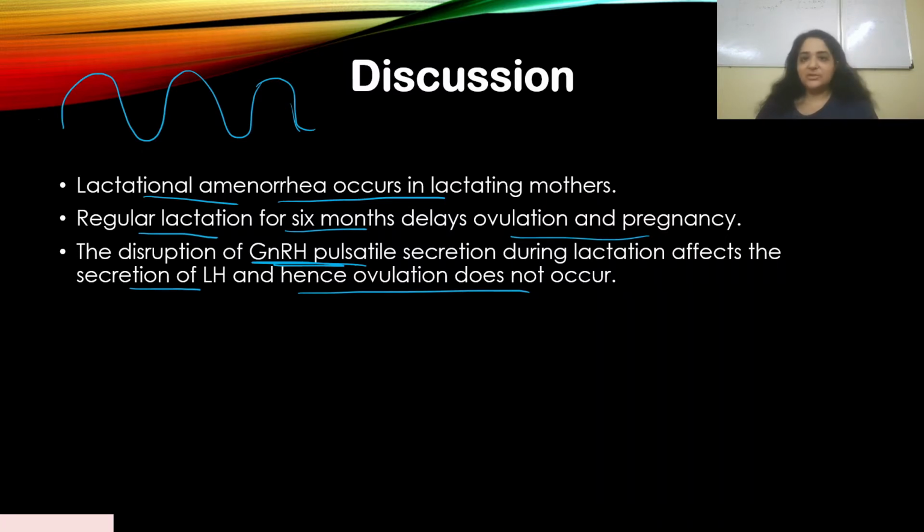In a normal menstrual cycle, there's an LH surge just before ovulation, which allows ovulation to happen. If the LH surge did not happen, ovulation will not happen. If gonadotropin releasing hormone is not being secreted properly from the hypothalamus with its usual pulsatile frequency, LH will not be secreted, so there'll be no ovulation and no pregnancy. So this is one of the methods which involves hormones, and it's a contraceptive.